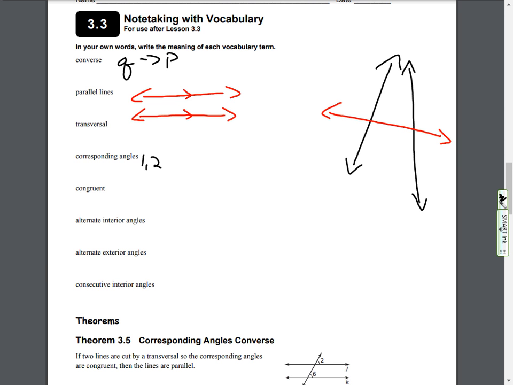In this drawing, corresponding angles 1 and 2 are both on the left side of their line and above their respective lines. Those aren't congruent corresponding angles because the lines aren't parallel, but they are corresponding. Congruent means they are the same size and shape.